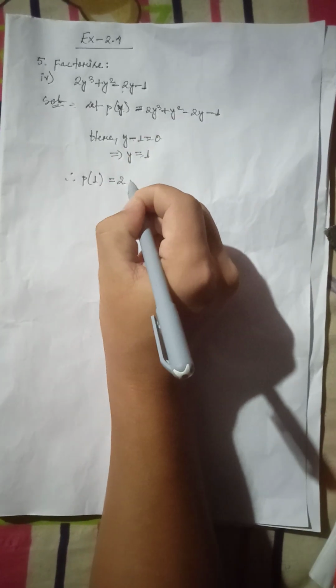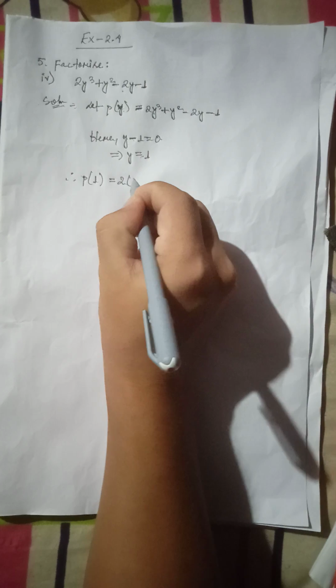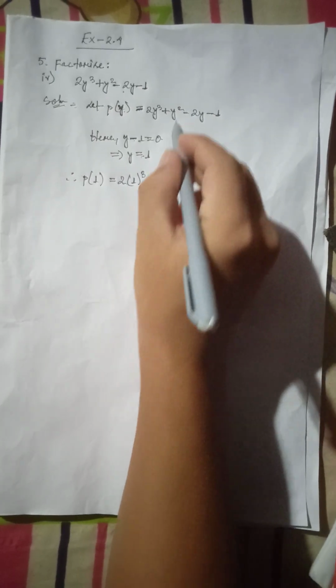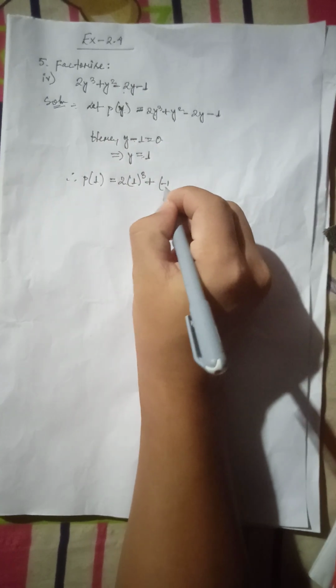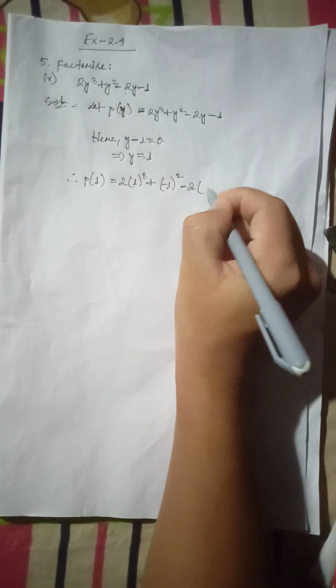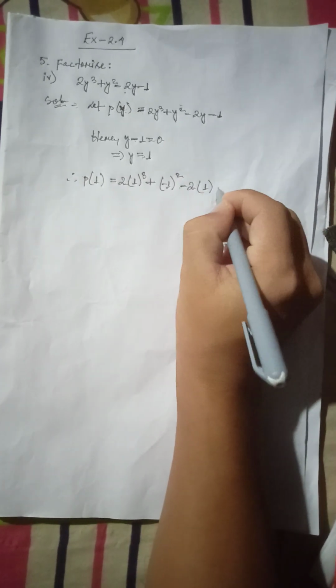So p of 1 equals 2y cubed. What is the value of y that we have? It is 1. It will be 1 cubed, and y squared, since we have a square, let us put a square. Then it will be 1.